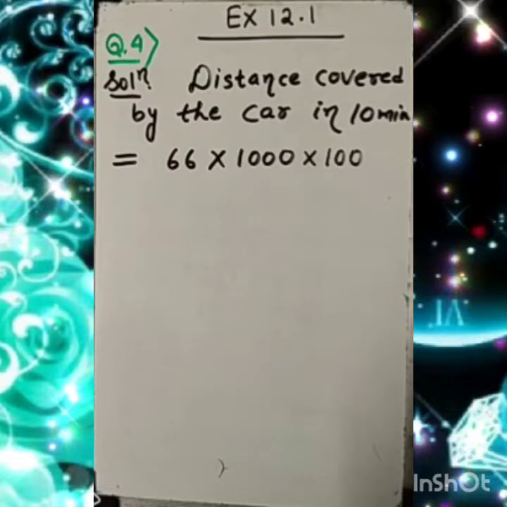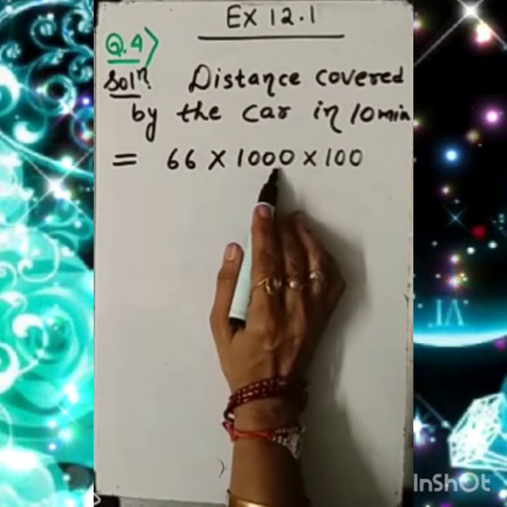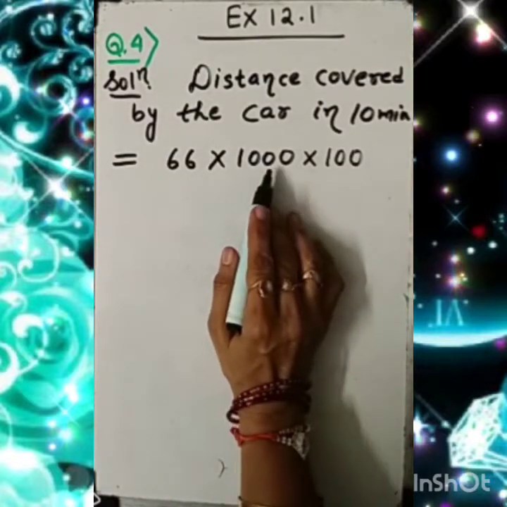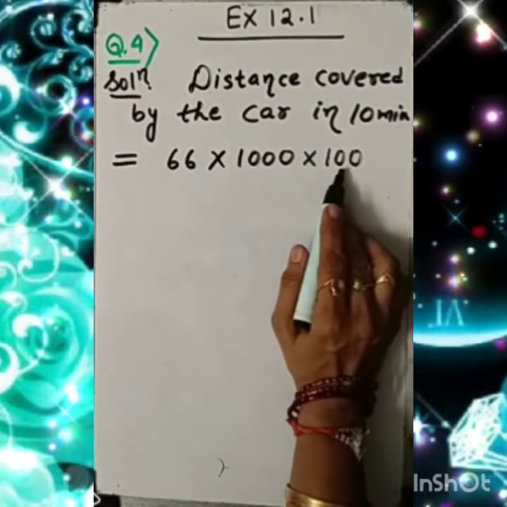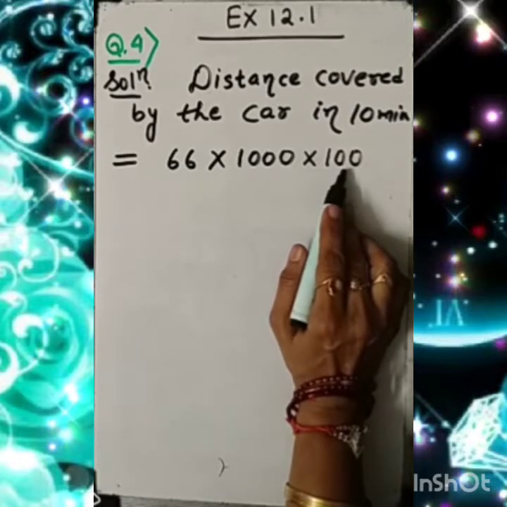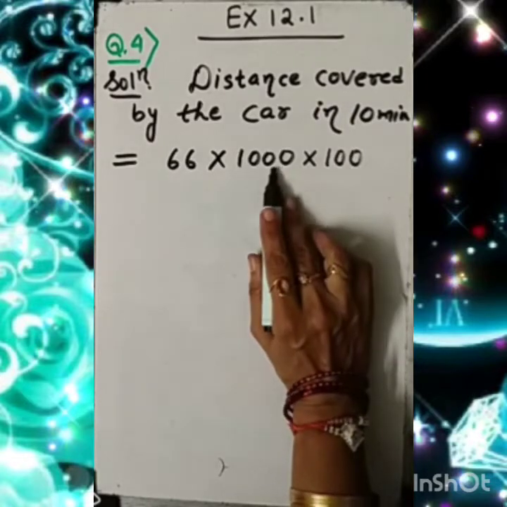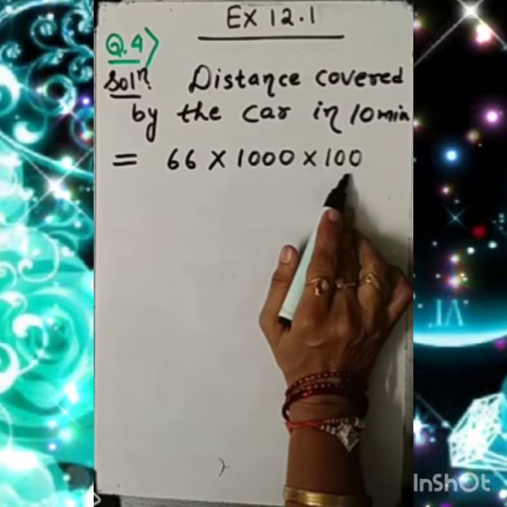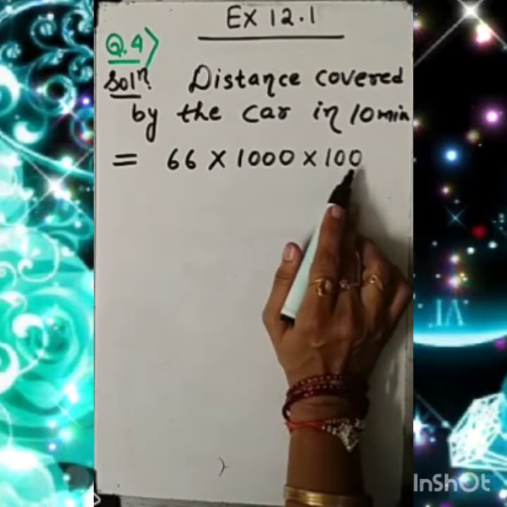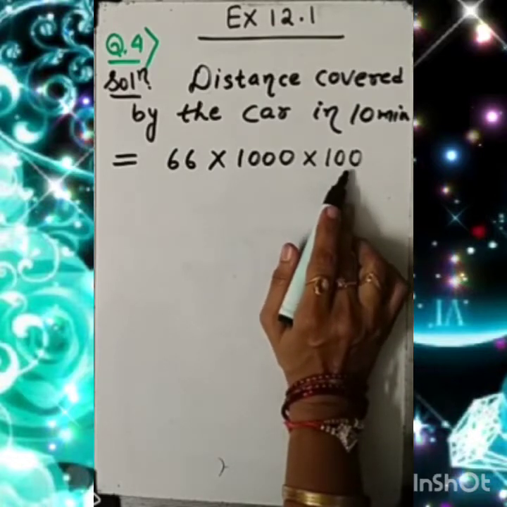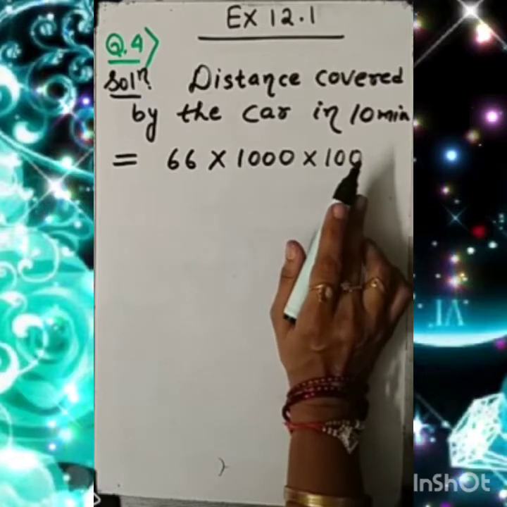As we want to convert kilometer to meter, I need to multiply it with 1000. Then from kilometer to meter, I need to multiply. This is kilometer to meter. Now meter to centimeter, I need to multiply it with 100. Got it?